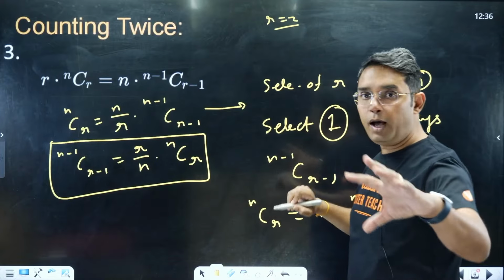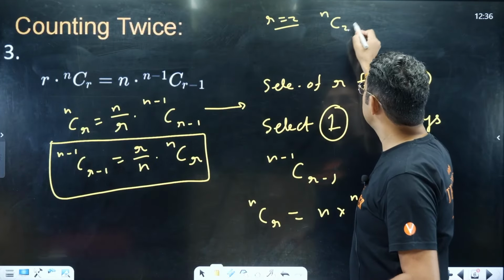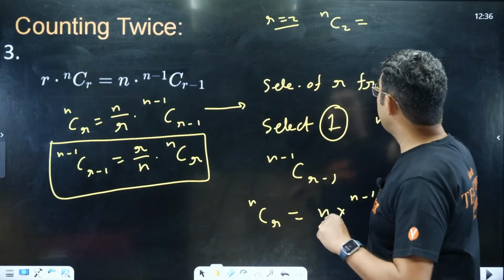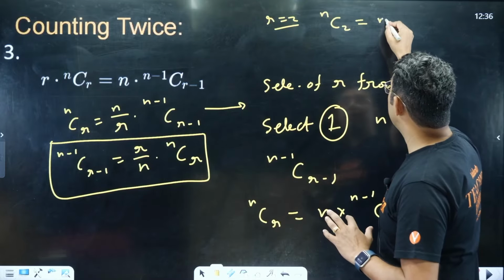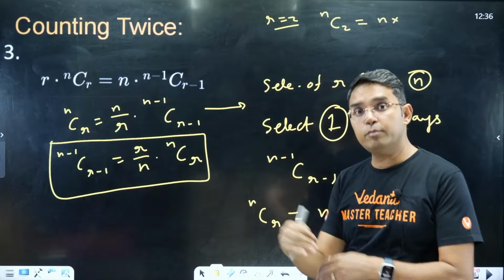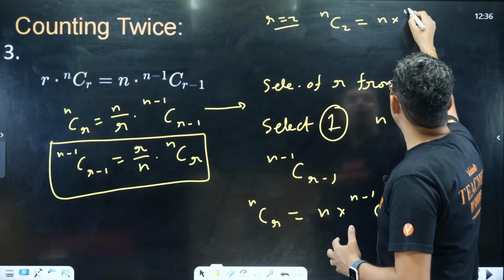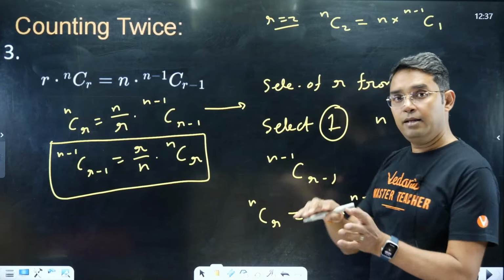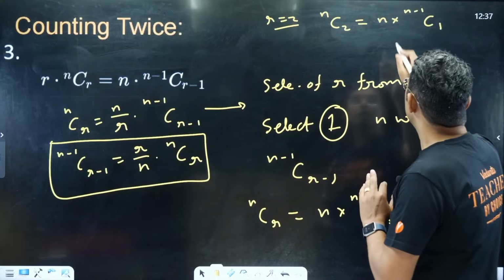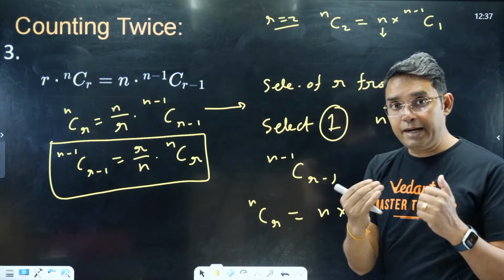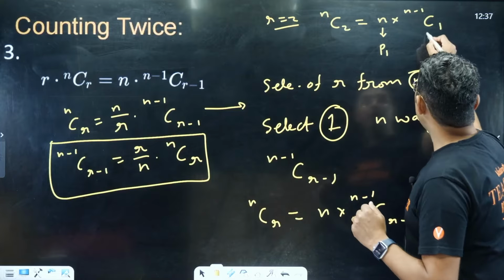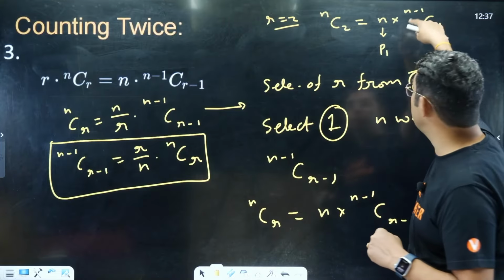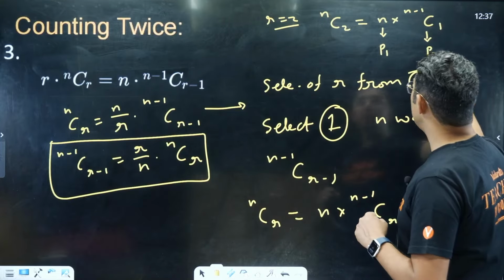So suppose from n people you have to select 2. Now what I'm going to do next, I will be selecting one person from the n. That will be done in n ways, and then from the remaining n minus 1, I will be selecting the remaining person. But there is a problem. Suppose the person that was selected in the beginning was, let's say, P1, and the second person that was selected from the remaining n minus 1 is, let's say, P2.